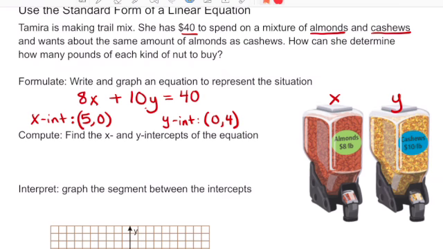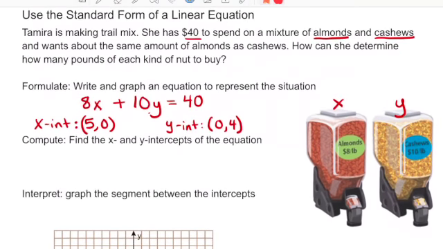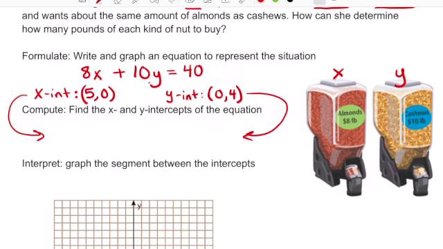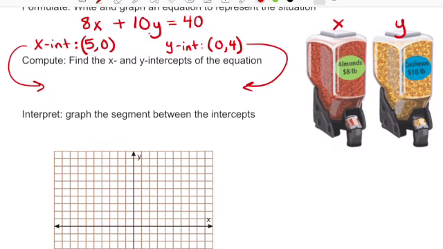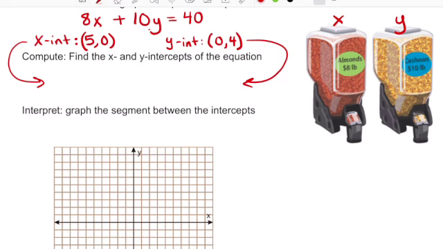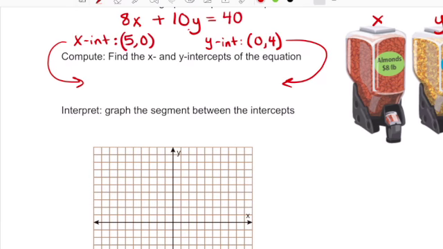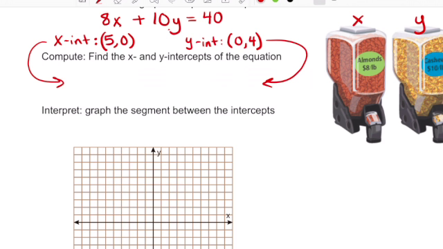All right, so where it said compute, that actually will go down here. But if you just draw the arrows, that's fine. So we're going to graph and interpret what the graph means. So the x-intercept is at 5, 0, right here.